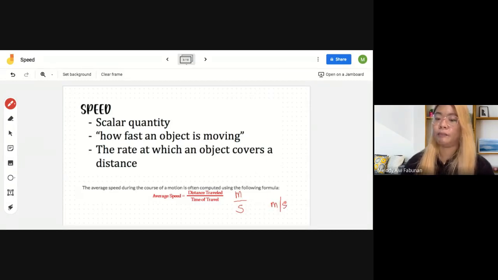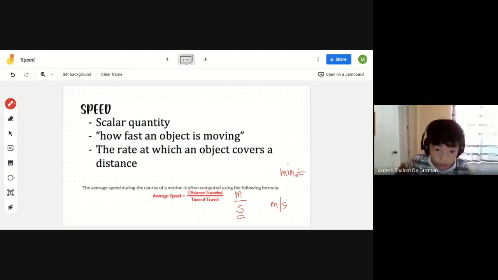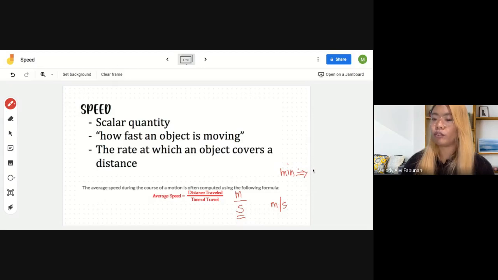I want to emphasize that the unit for time is always in seconds. If you encounter a problem wherein the time is given in minutes, you have to convert it first into seconds. How do we convert that?